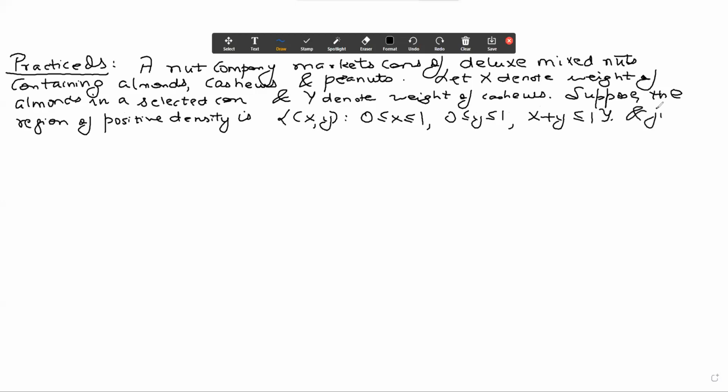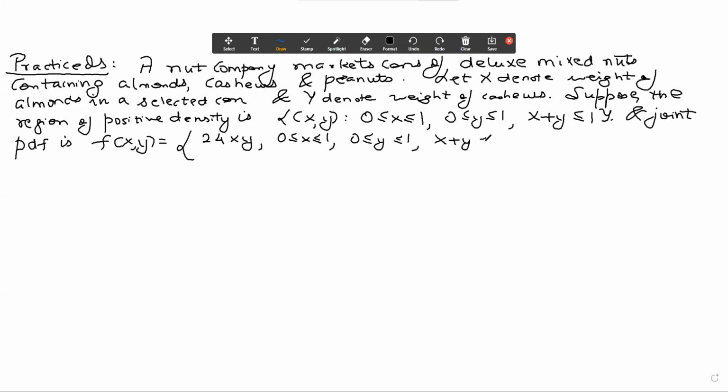And the joint PDF is given by f of xy is 24xy for x lying between 0 and 1, y lying between 0 and 1, x plus y less than or equal to 1, and 0 otherwise.